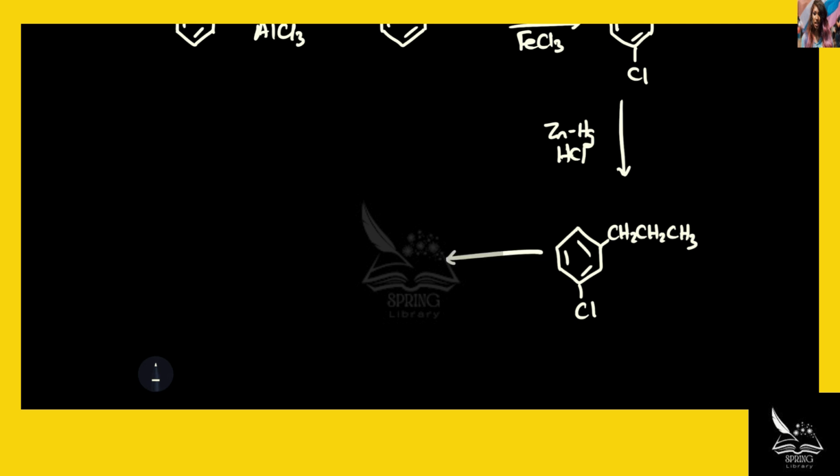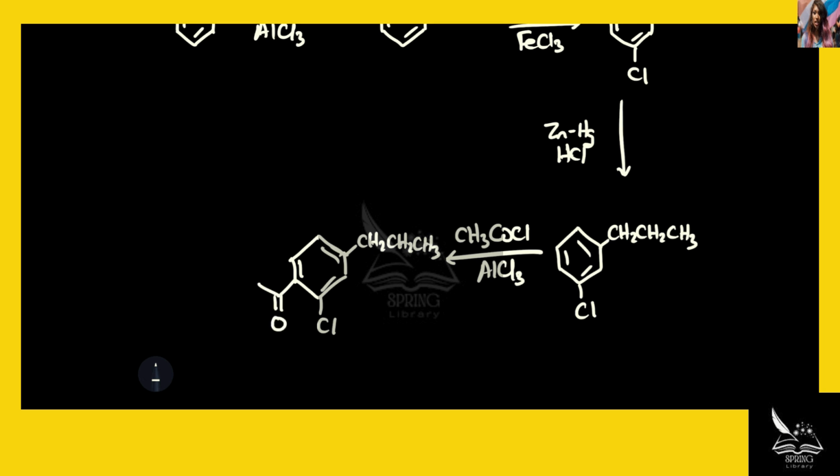And then we react this with CH3COCl and the presence of AlCl3, and this would yield CH2, CH2, CH3, Cl, double bond O.